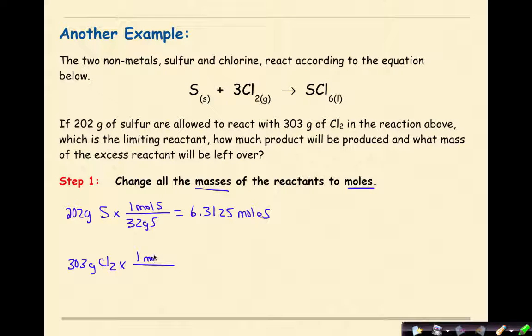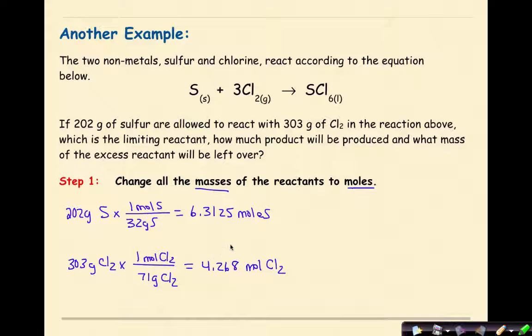In 1 mole of Cl2, not just Cl, but Cl2, there's approximately 71 grams of Cl2. And if I work that out, I'm going to get 4.268 moles of Cl2. So that is step 1, taking each of these masses that are given to you and converting them into moles.